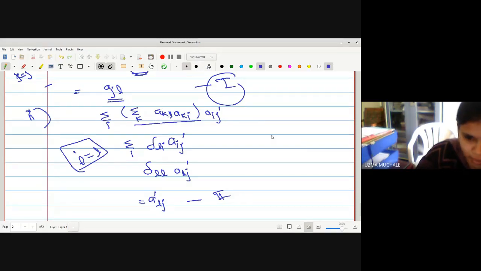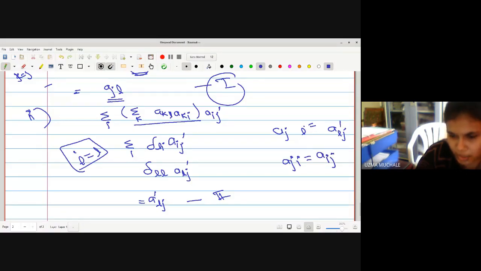So if we get these two equations, we can write this as ajl is equal to alj dash, or if you are confused with this l, we can write this equation as aji is equal to aij dash. What is this aji? It is nothing but A transpose, converting rows to columns or columns to rows. And this aij dash is nothing but A dash.